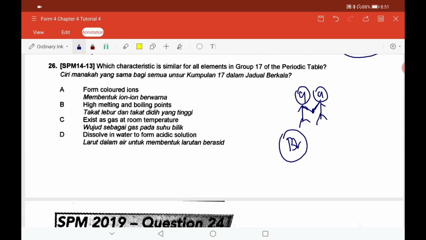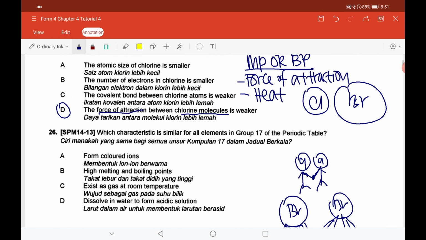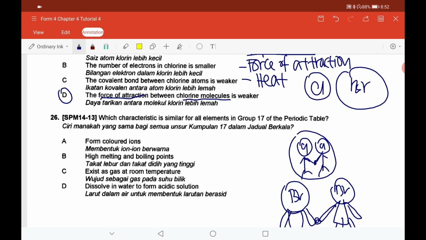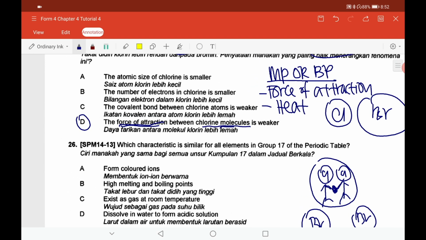But when bromine, the size is larger, so when bromine molecules hold their hands together, this is a stronger van der Waals force. Okay, so chlorine is smaller than bromine, so the van der Waals force is weaker. Okay, so you have a weak force of attraction. So answer D is the most suitable one.